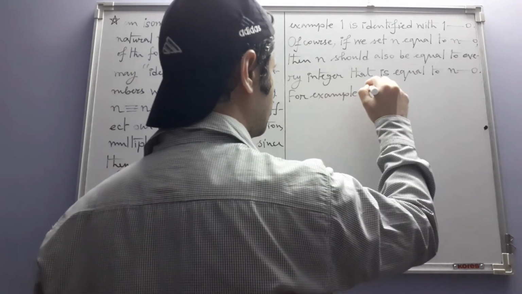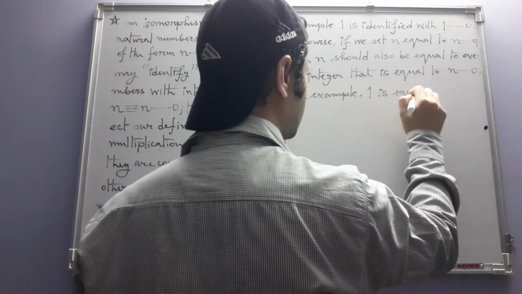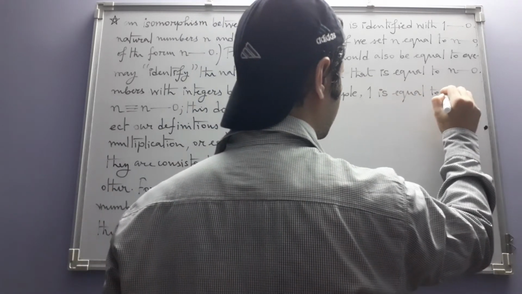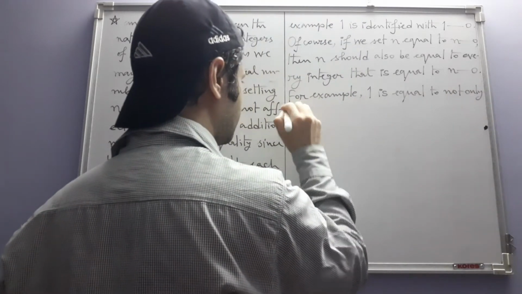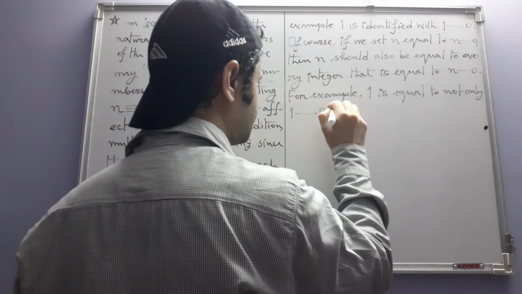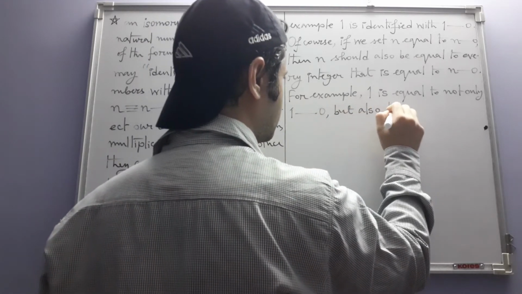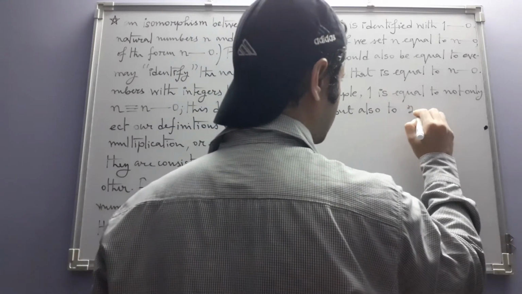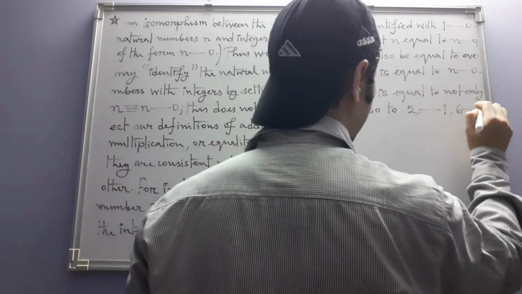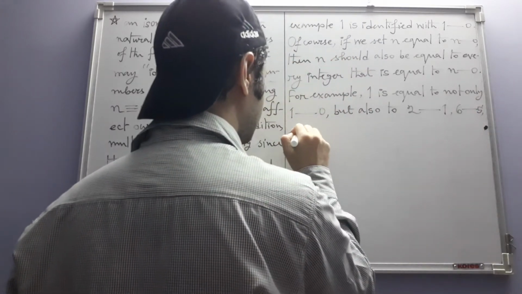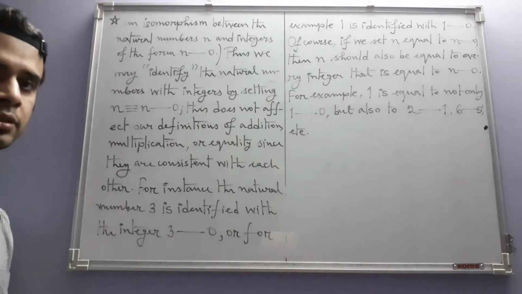For example, 1 is equal to not only 1-0 but also to 2-1, 6-5, etc. because all of them are equal to the integer 1-0.